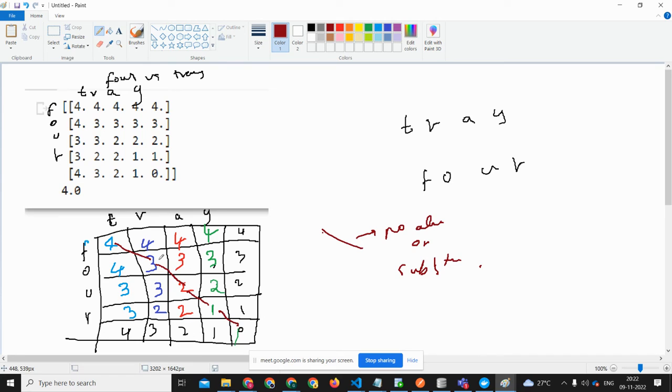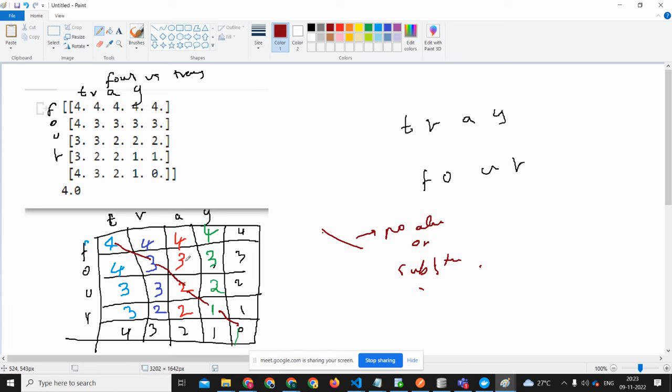When will the diagonal elements be the same? If both i and j characters are the same, only then the diagonals will be the same, so there is no substitution. The diagonal will change only if the characters are not the same and the diagonal element was the least among the three. That's where the substitution will happen. That makes perfect sense.